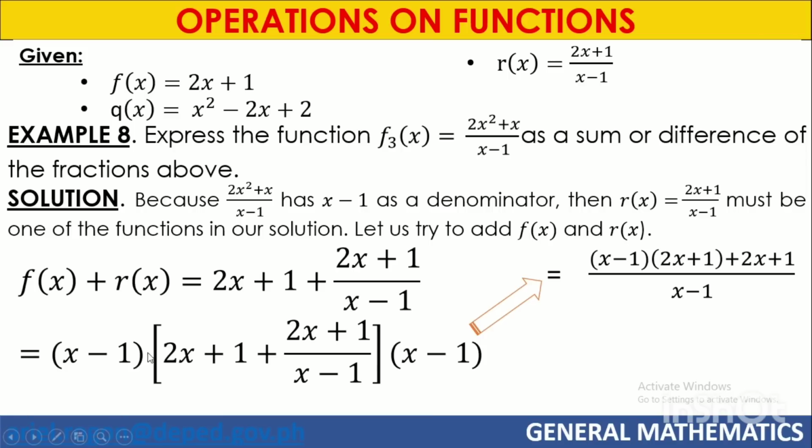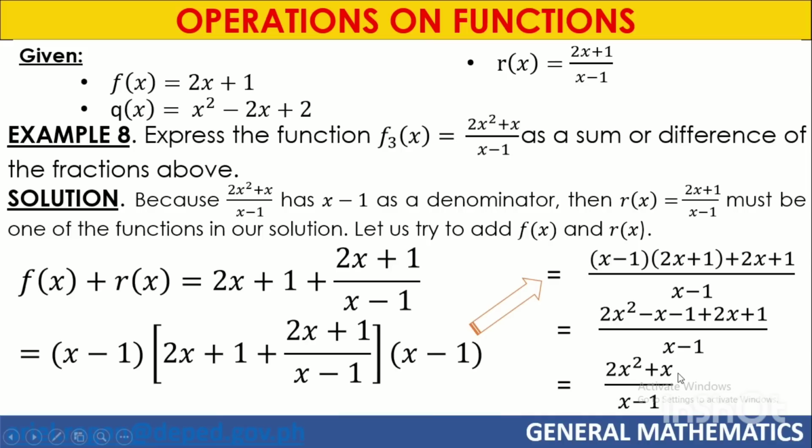So x minus 1 times 2x plus 1 plus 2x plus 1, that it must be 2x squared minus x minus 1 plus 2x plus 1. So the final answer will be 2x squared kasi negative x plus 2x is positive x. Negative 1 plus positive 1, 0 na yon.